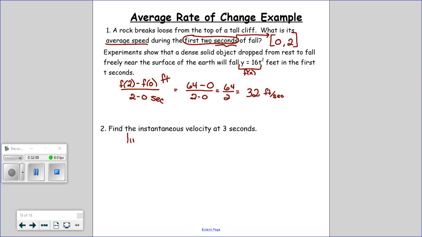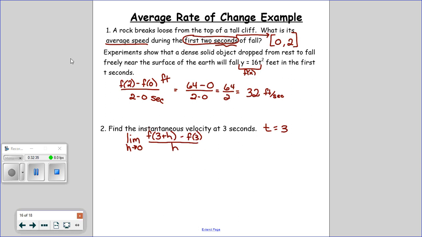So we're going to look at that instantaneous velocity formula. The limit of our function as h goes to 0. So our function is going to be this: f of, and our t, or our x, is 3. H will always be h. So it's going to be f of 3 plus h minus f of 3 over h.